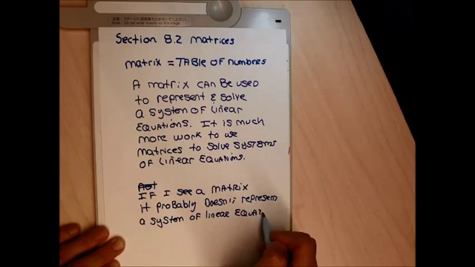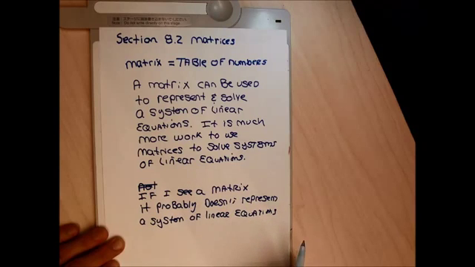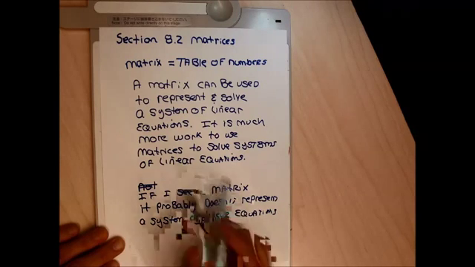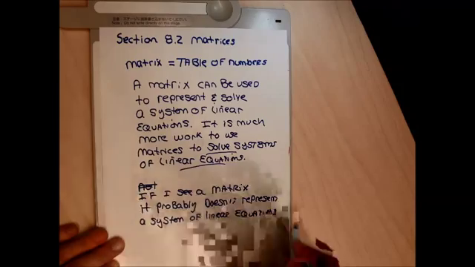In this section, we're introducing matrices, and every matrix that we're going to create in this section will represent a system of linear equations. Once we get to section 8.3, we're going to be giving more matrices, and those won't represent systems of linear equations.